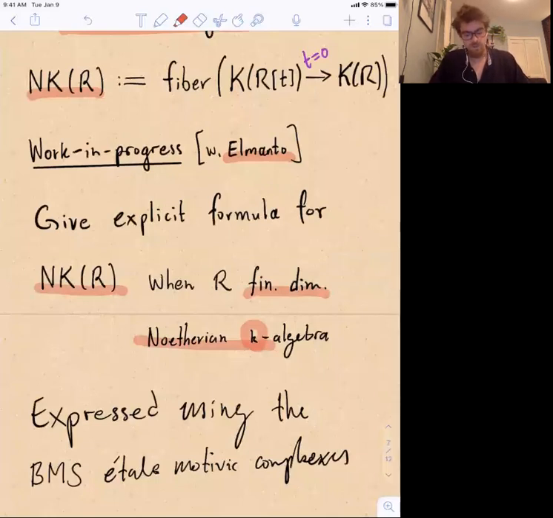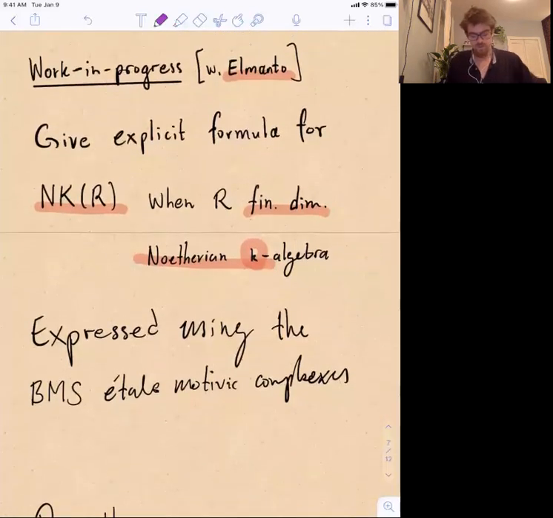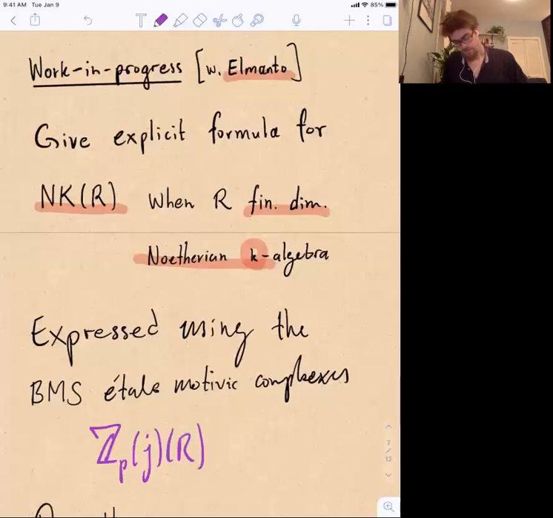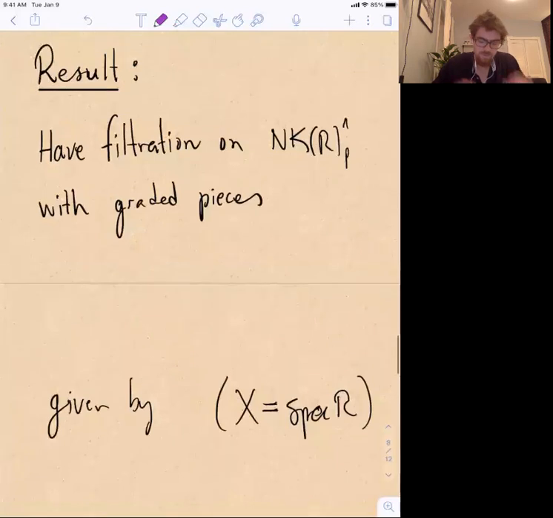Our formula is expressed in terms of the Bhatt-Morrow-Scholze motivic complexes, typically denoted Z_p(j), with j greater than or equal to 0. Our result is that we have a filtration coming from the work of Bhatt, Morrow and Scholze on the p-completion of these NK spectra.